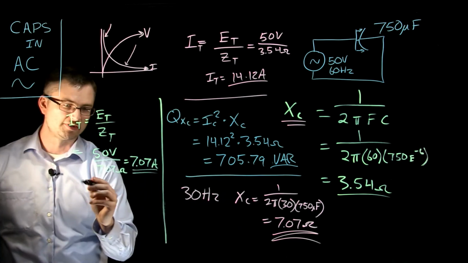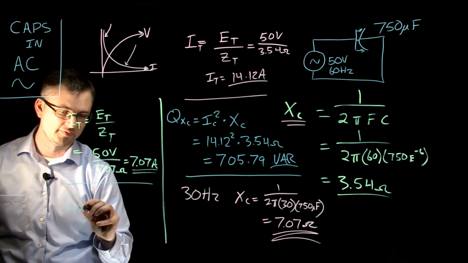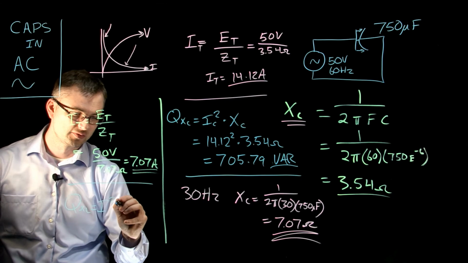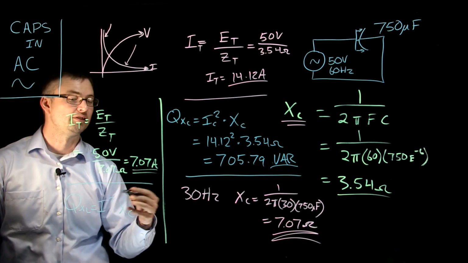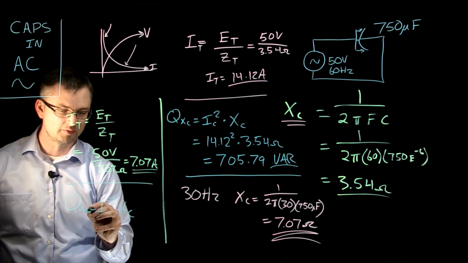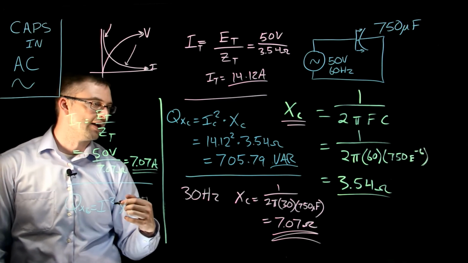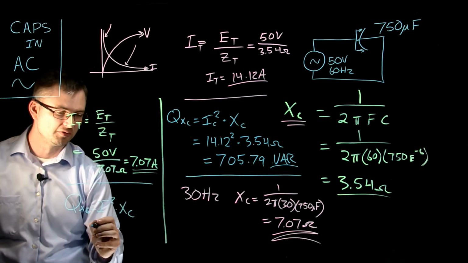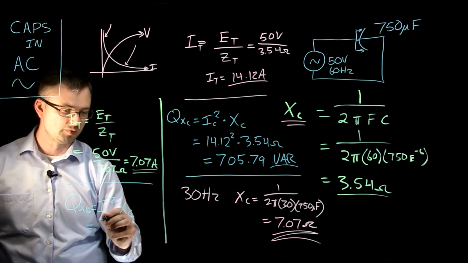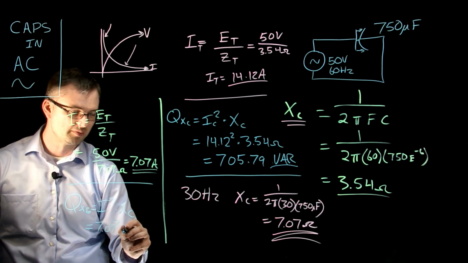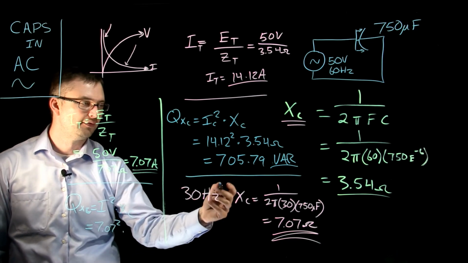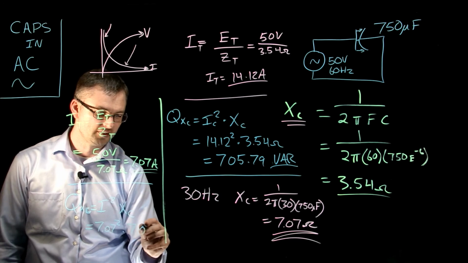Last thing we want to do, let's just check out the quadrature power. So the Q of XL is I squared times XC. Sorry, the Q of XC. There we go, because we're talking about a capacitor. So the Q of XC is going to be our new current, 7.07 squared multiplied by our new value of XC, which is 7.07 ohms.